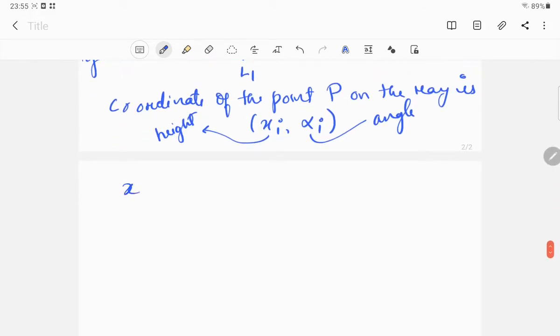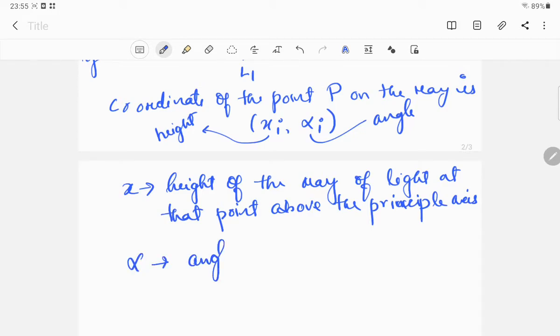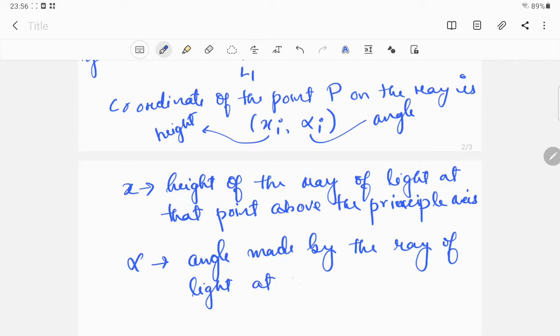I will tell you again. x is the height of the ray of light at that point above the principal axis, and alpha is the angle made by the ray of light at that point with the principal axis.